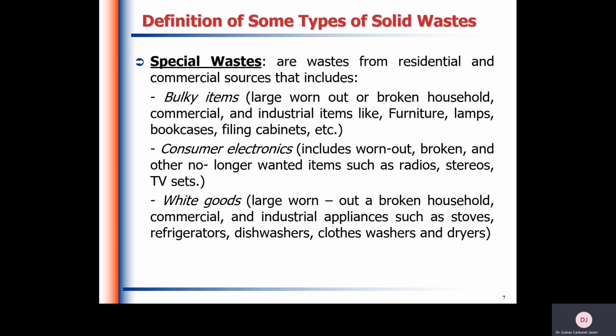Consumer electronics includes worn out, broken, and no longer wanted items such as radios, stereos, and TV sets. These are electronics. White goods are large, worn out, broken household, commercial, and industrial appliances such as stoves, refrigerators, dishwashers, clothes washers, and dryers.